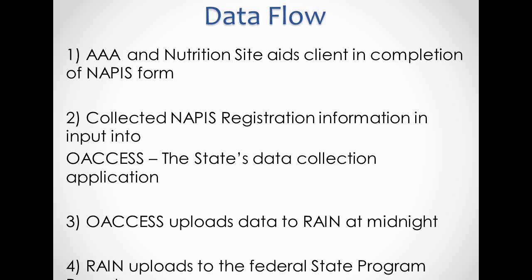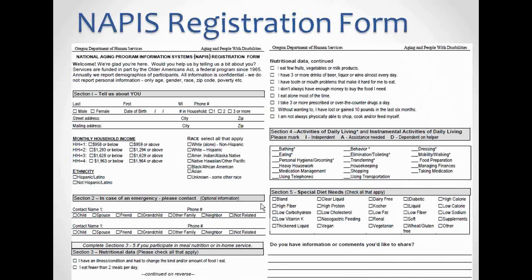It's a state reporting tool that's available to the states so that they can aggregate all of their NAPIS data into one area, which what we're looking at are these individual pages, and then I send it away to, we send it over to the federal government.